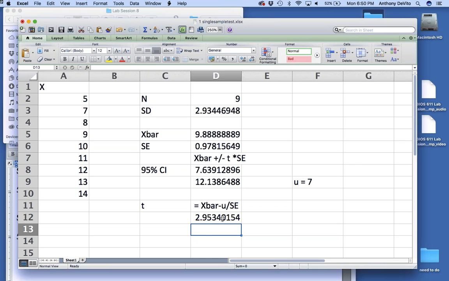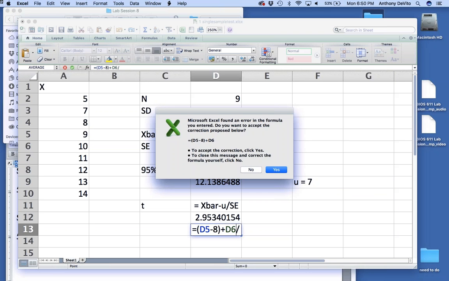Good. And what would happen now if I did it again, except this time I compared it to 8 instead? You should know enough now to predict what's going to happen here, right? Minus 8 over the standard error. Let me put this in parentheses. Over the standard error, which is 1. What's going to happen now? Am I going to be more than 2.3 or less than 2.3?